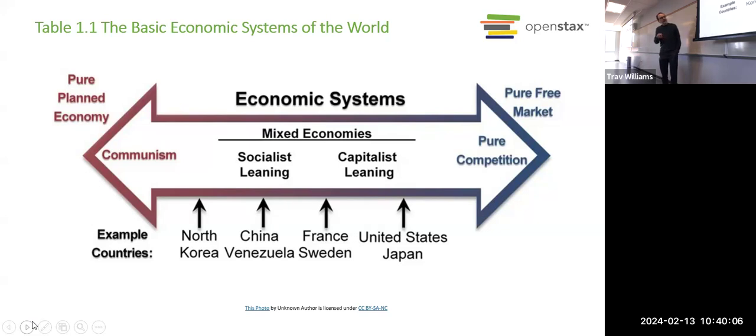At the other extreme, if you had pure competition or capitalism, the idea is that companies could make whatever they want. Anybody could start a company, produce products and services, charge whatever they want. The United States is one of the most capitalist countries in the world, but we're not completely capitalist. There are some services we get from our government: police, military, fire department, public schools, public health.